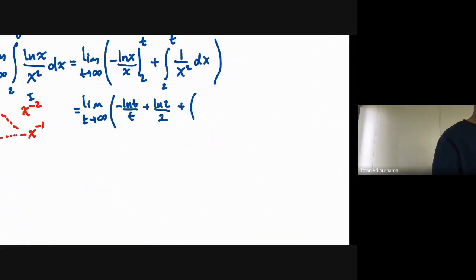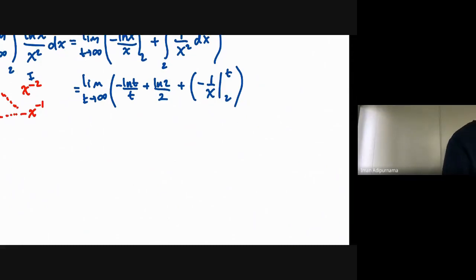And then plus, this becomes 1, negative 1 over x, with t and 2. Let's solve this first.